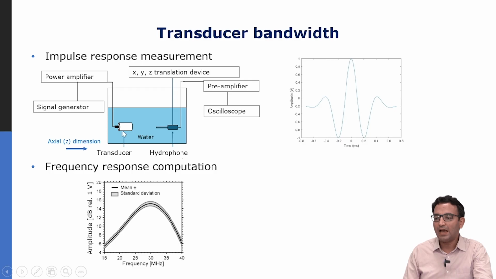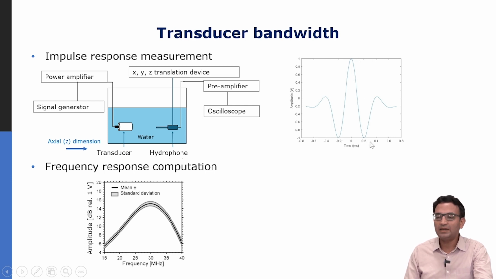Here, let us say I put a transducer in immersion and excite it with an impulse signal, which could be a spike voltage with positive or negative polarity. And then I place the hydrophone at the focus or any other spatially relevant point where I am interested in making the measurement. Then I acquire the signal and capture it using a digital oscilloscope and visualize the signal.